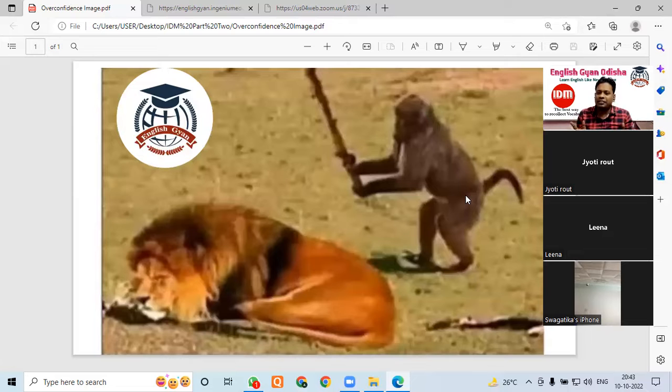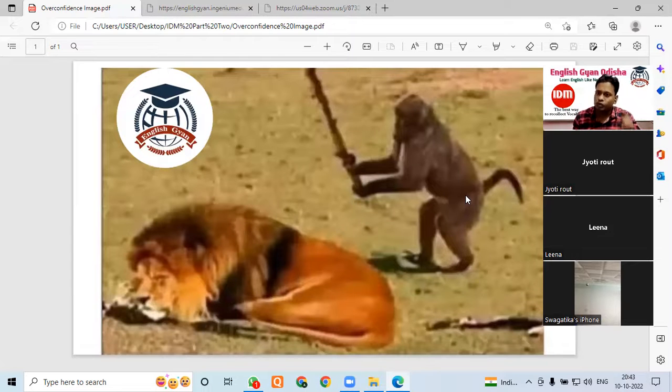So overconfidence means, look here, without realizing the consequence of something, the monkey is going to fight that lion. Because he is very much on his own ability. The monkey thinks, yes, I can beat that.